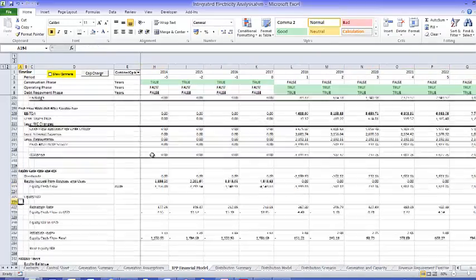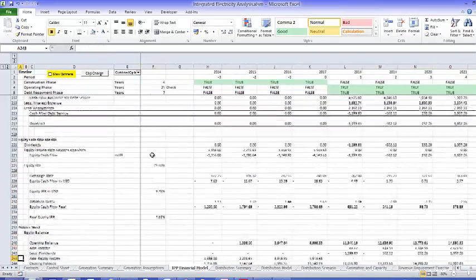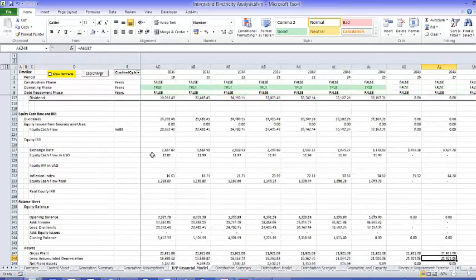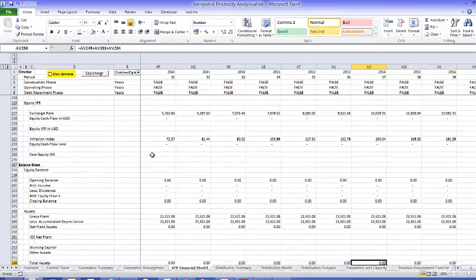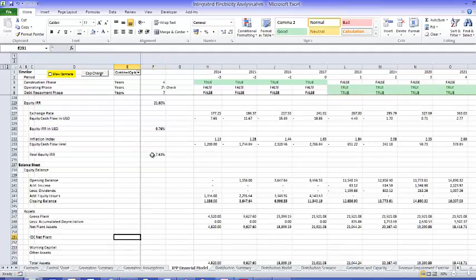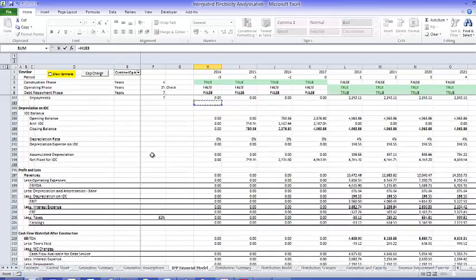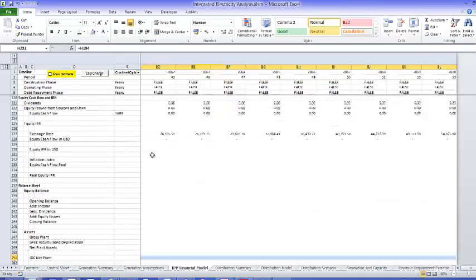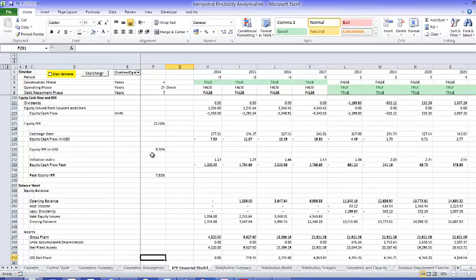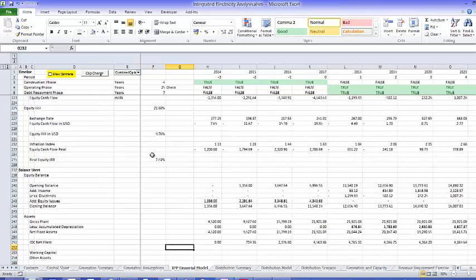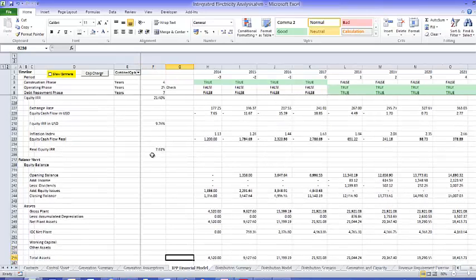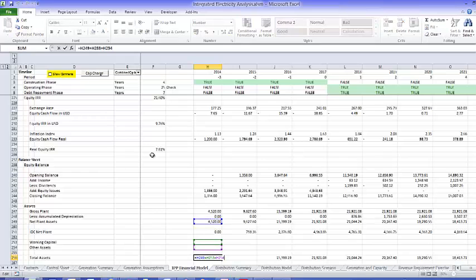We can check every single one of these things. What happened to our equity balance? That went to 0. That's really good news. So the IDC net plant is from just above here. We didn't put any working capital.